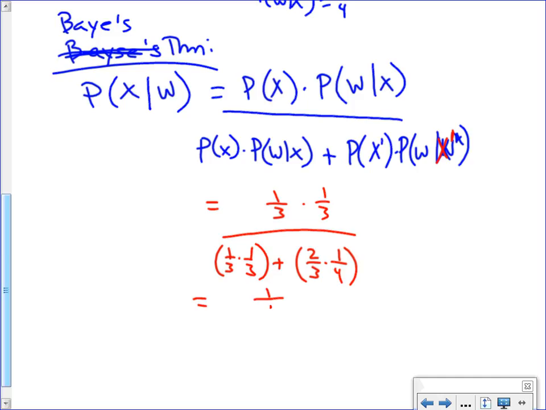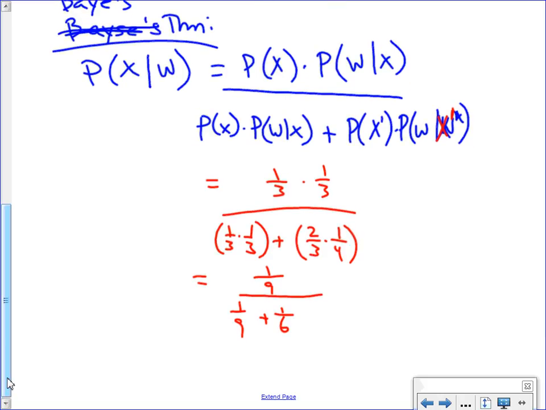So that's 1/9 plus 1/6, which simplifies. Put the 18 on top, and it's 2/5. So there's a 2/5 chance that you were on machine X.